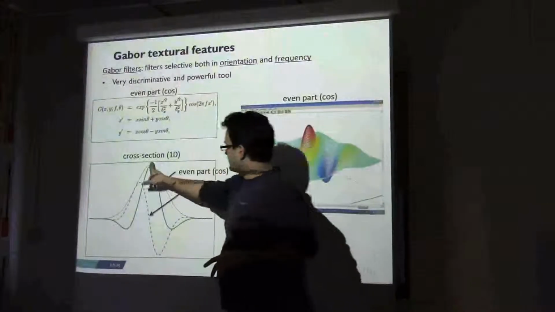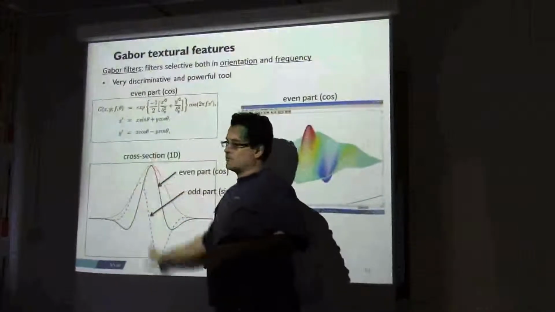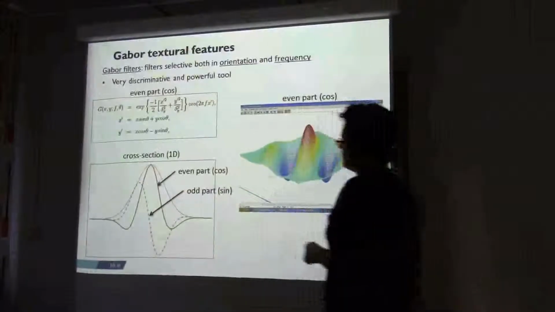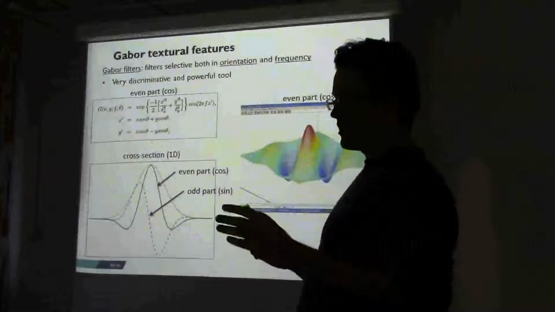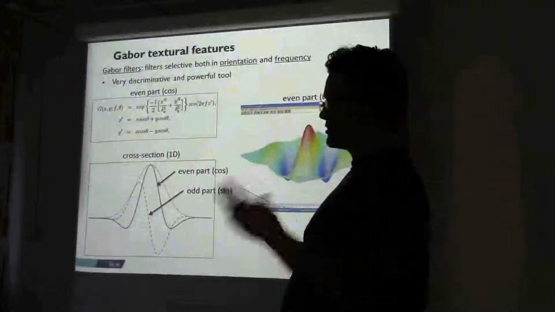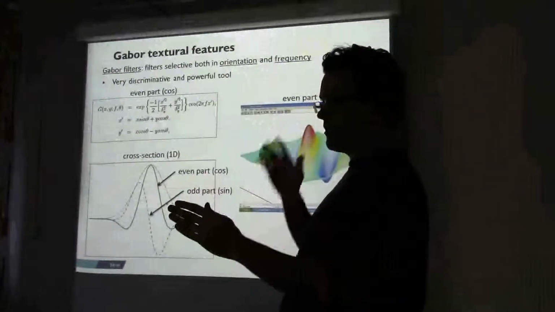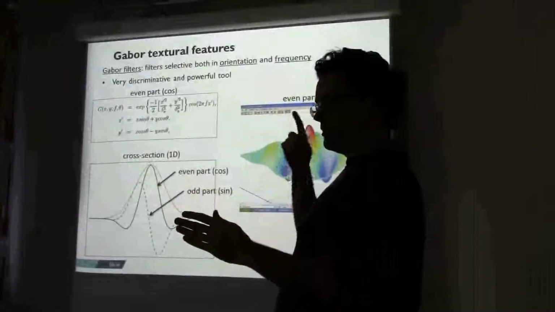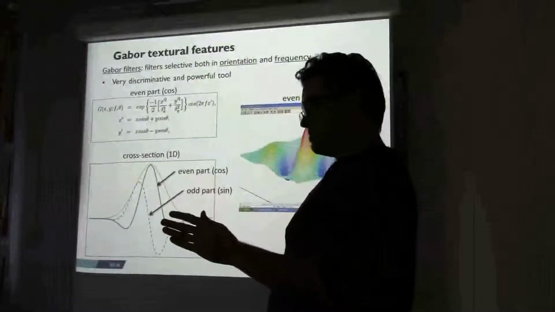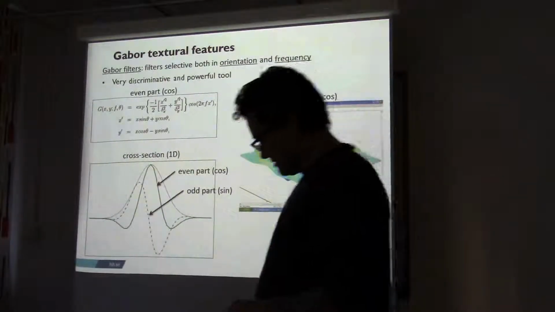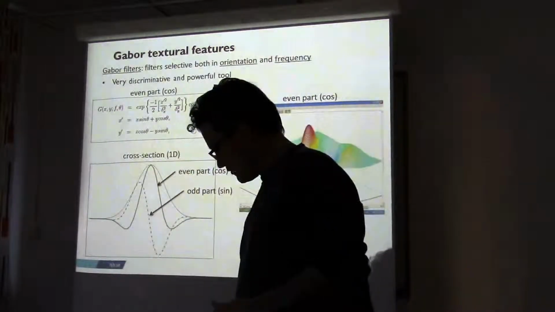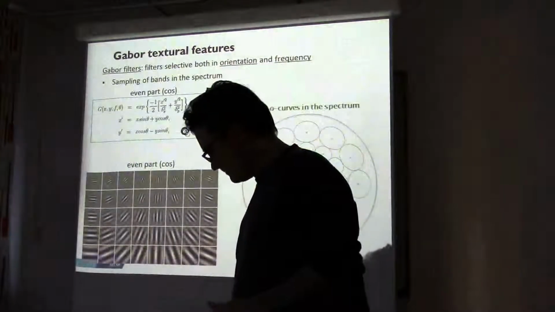The cosine part is even with respect to the origin, and the sine part is odd. Sometimes they are used together in a complex way. So you have the cosine part plus i multiplied by the sine part. You have a complex filter with them. Or sometimes they are used separately. For instance, in fingerprints, we will see an example, they are used separately.